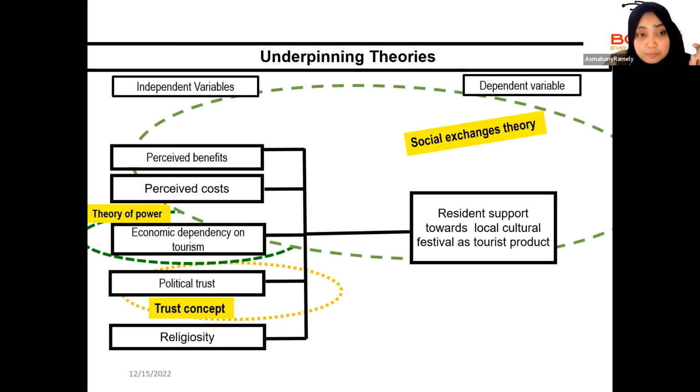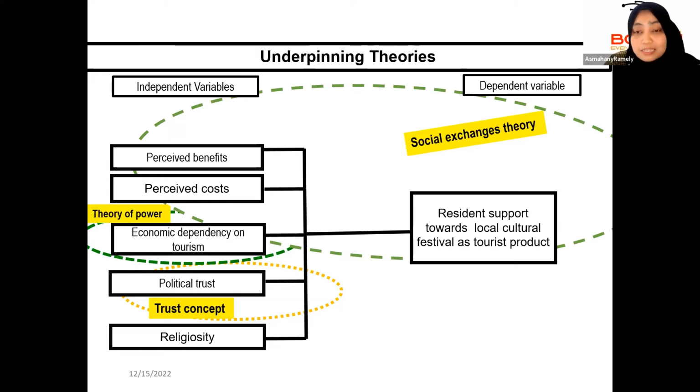No power here means the residents in that destination depend on the tourism economy, their income is based on it, so they will support tourism activities.